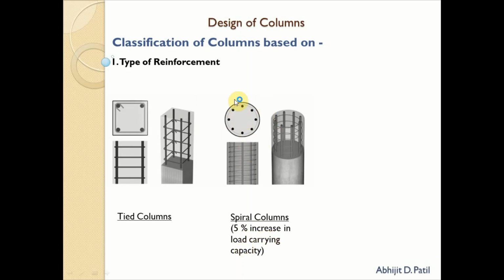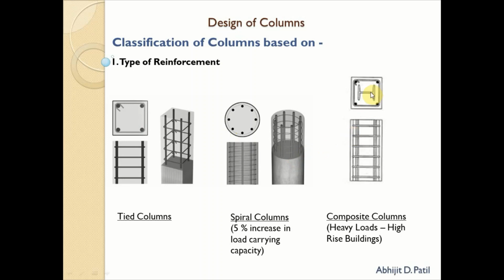If it is the same circular column, and instead of a spiral we used single rings, like 1, 2, 3, 4, then in comparison, if we use a spiral, we can consider the load carrying capacity 5% higher. So that is the advantage of this spiral. At the end of this session, we will see how practically these are made on site.